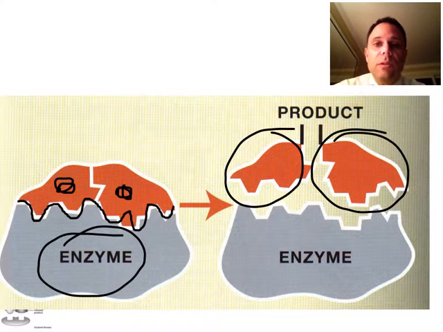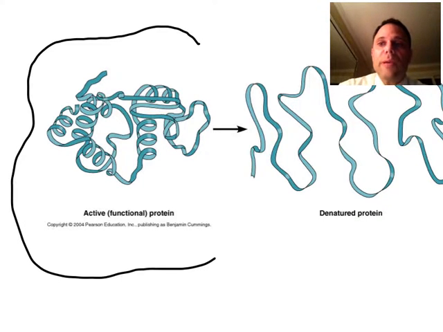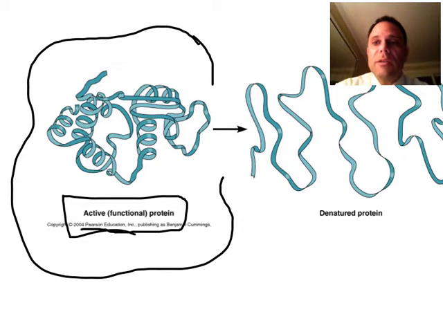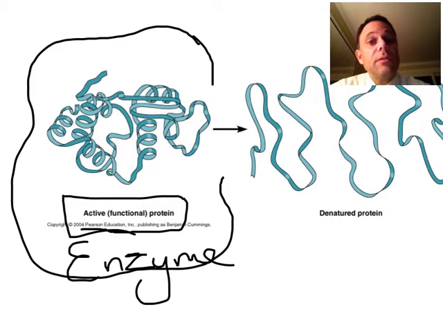Now, the bad news. Here we have a picture of a protein. It is an active, functioning protein. Let's call it an enzyme. Sometimes bad things can happen to enzymes.